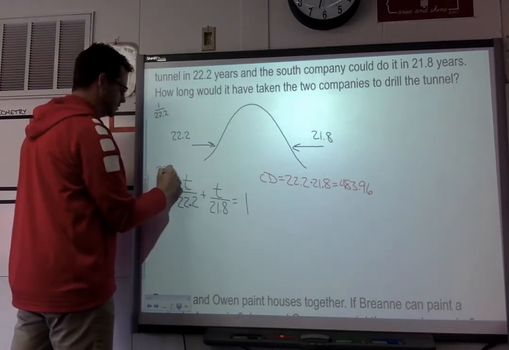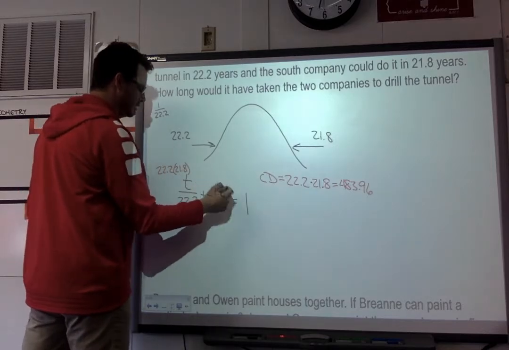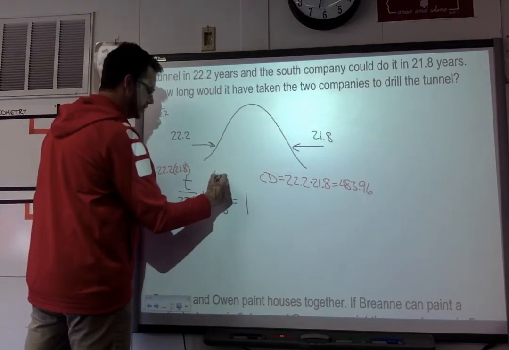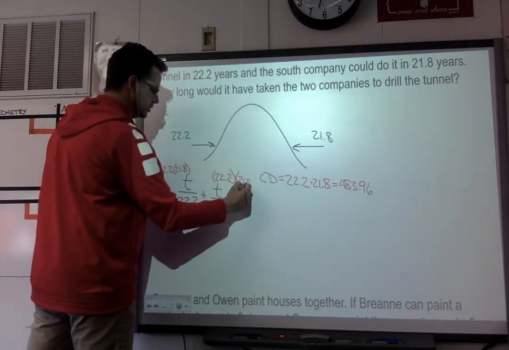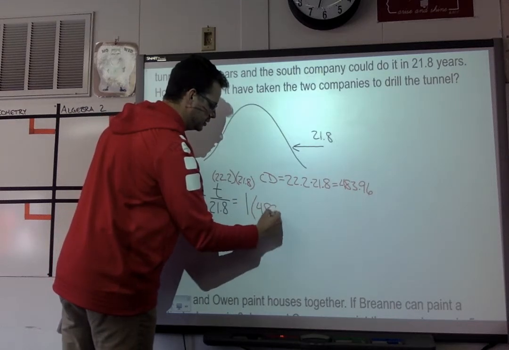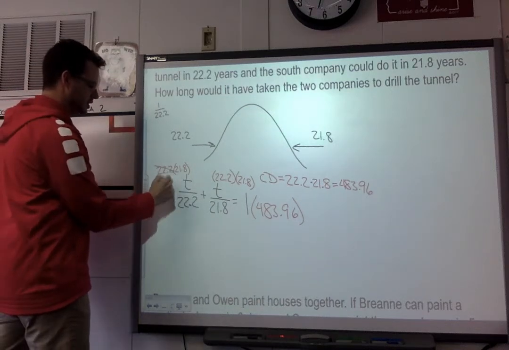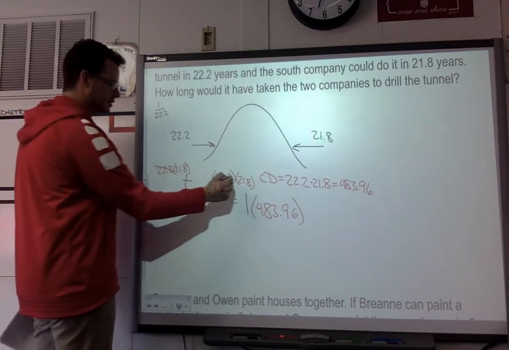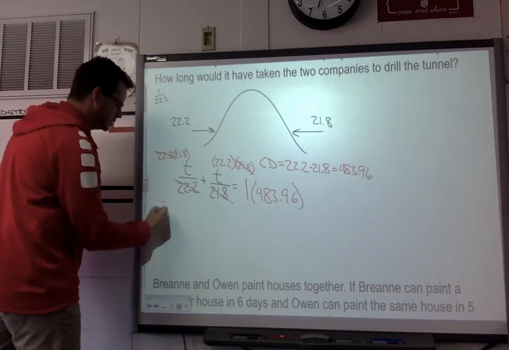So I'm going to multiply by 22.2 times 21.8 here, multiply by 22.2 times 21.8 here, and over here, I'll multiply by that 483.96. So here my 22.2's cancel. Here my 21.8 cancels.